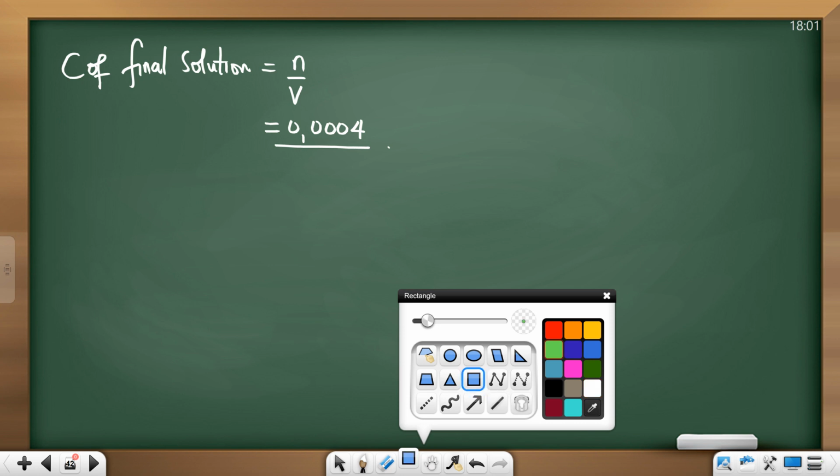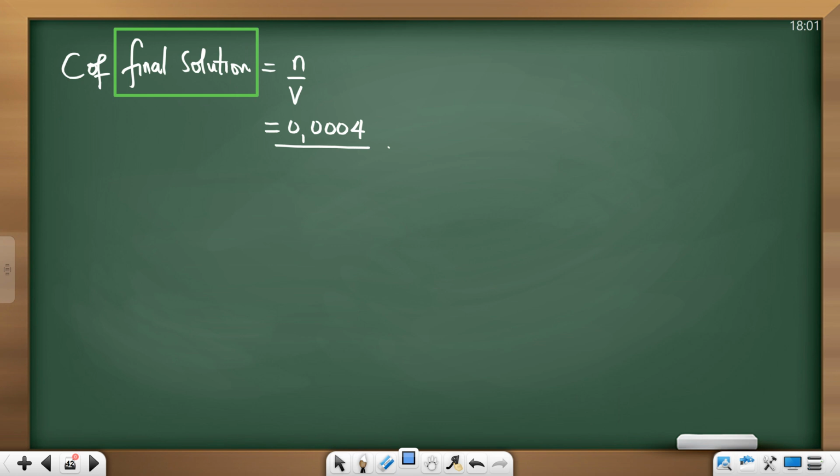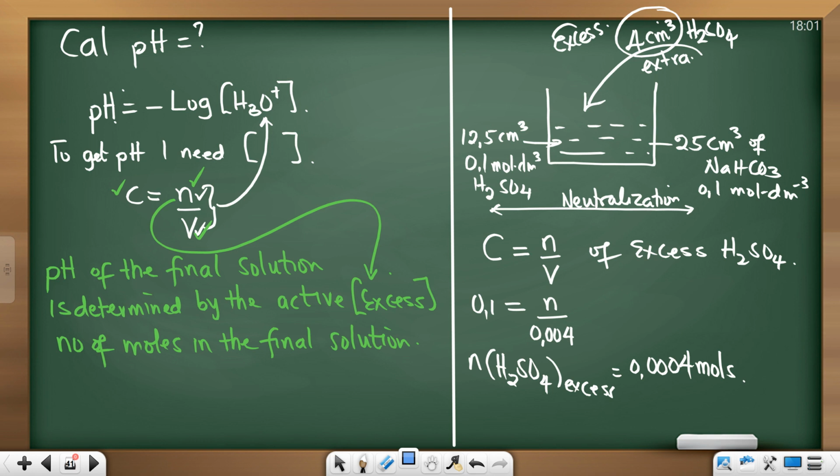Because we are looking for the pH of the final solution. What is the volume of the final solution? Let's say the data says 0,375.